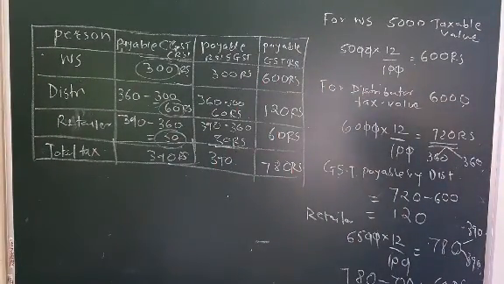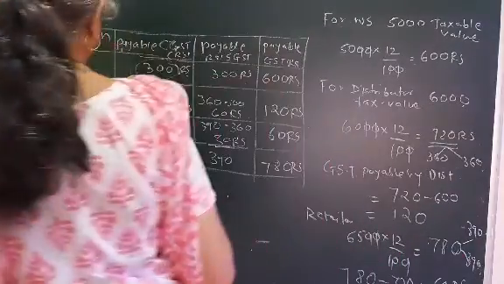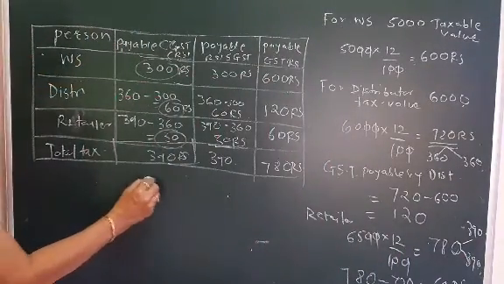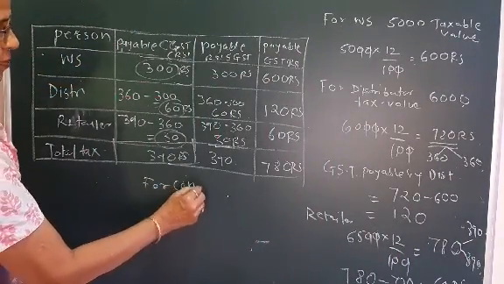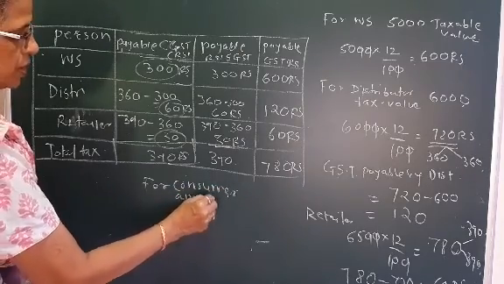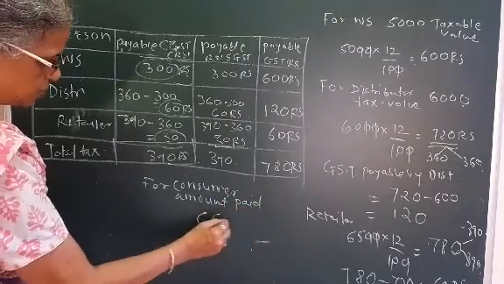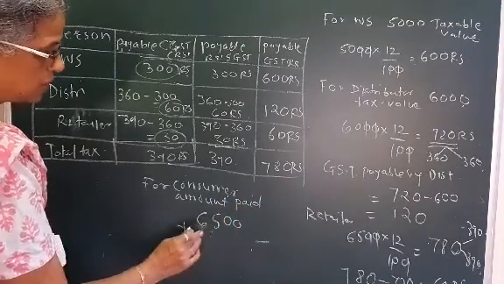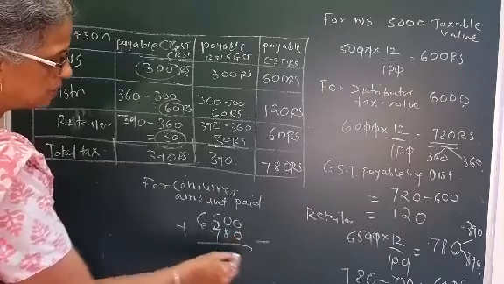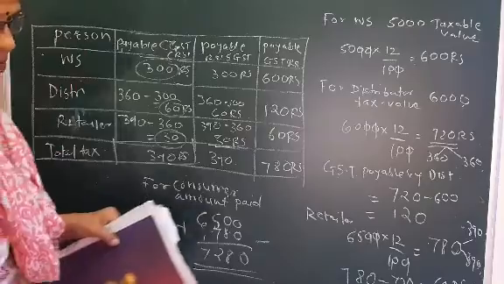Then at the end, what amount is paid by the consumer? So for consumer, the second answer will be the amount paid, which will be 6500 plus 780, 7280. Followed?